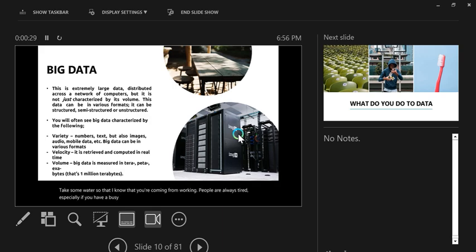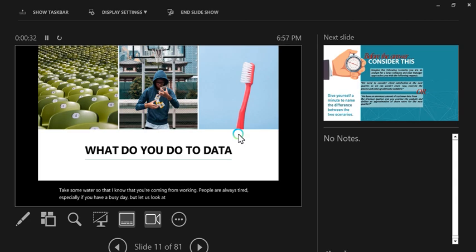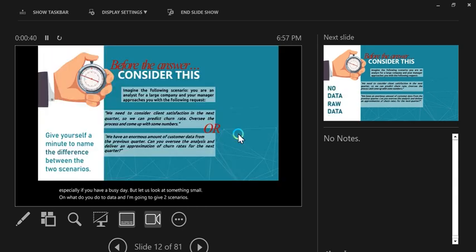But let us look at something small on what you do to data. I'm going to give two scenarios, and I'm looking for your responses to assist me to understand them. So imagine the following scenario.